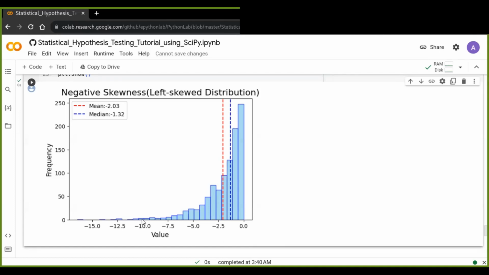So when you look at this distribution, the left side is longer than the right side. So this is called a left-skewed distribution.